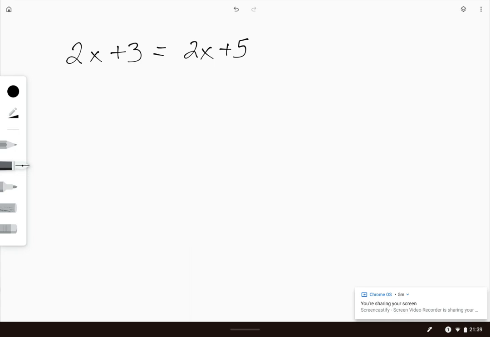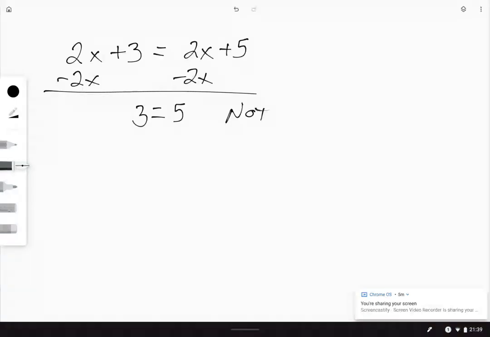Like I always do when solving an equation, I combine my variables or move them to one side of the equation. So 2x minus 2x is 0, 2x minus 2x is 0. That leaves me here with 3 equals 5. 3 equals 5 is not a true statement.